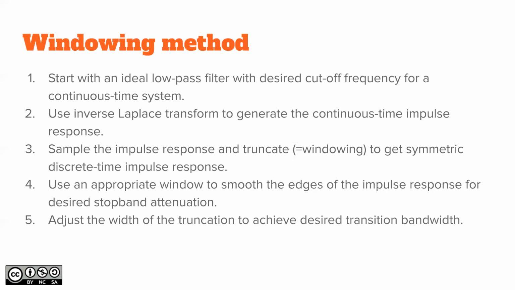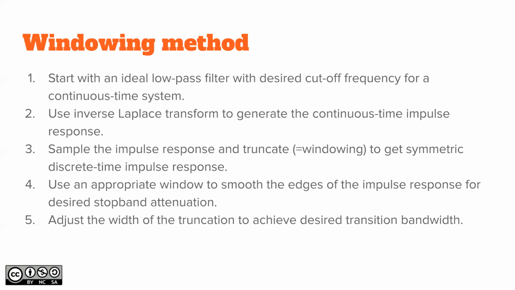Then we get the discrete time impulse response, which is now also infinite in length. But then you truncate it by windowing. The same way we have been watching this data through a window, we are just selecting our region of interest on that impulse response graph and using that one.